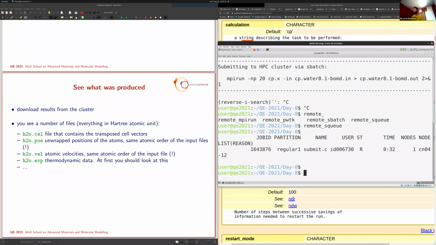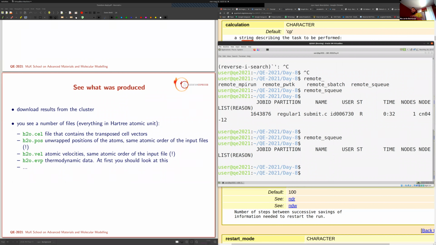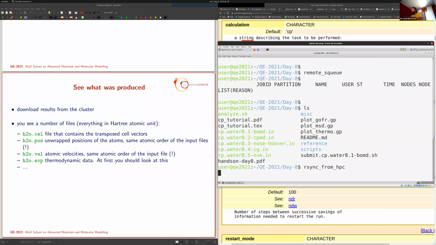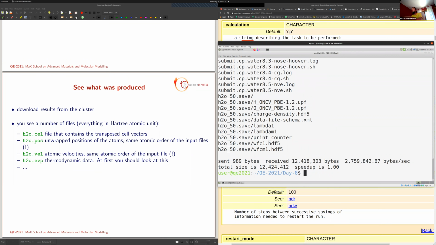So let's see if it finished. Oh, yes. So now I copy back from the cluster. There are a lot of files.